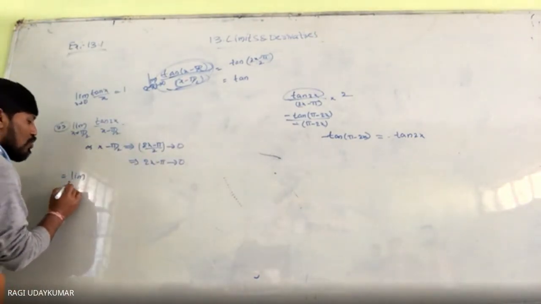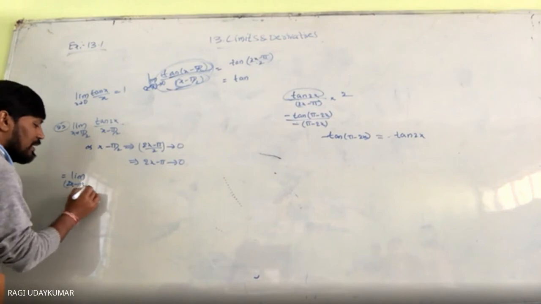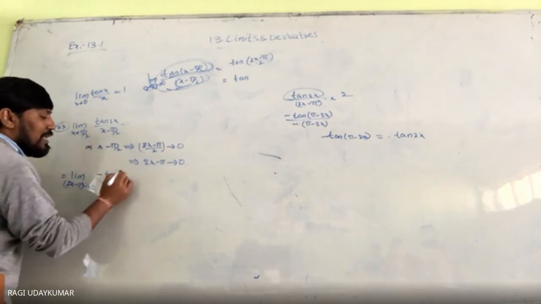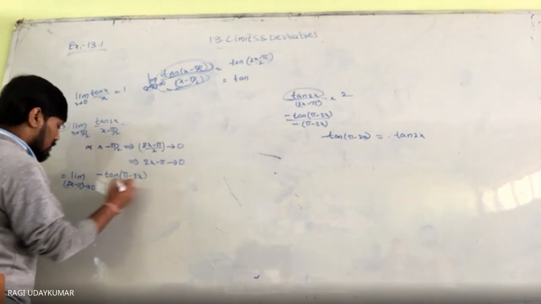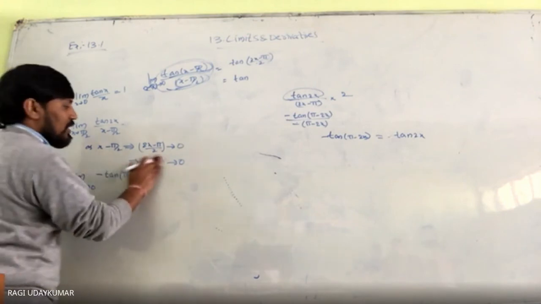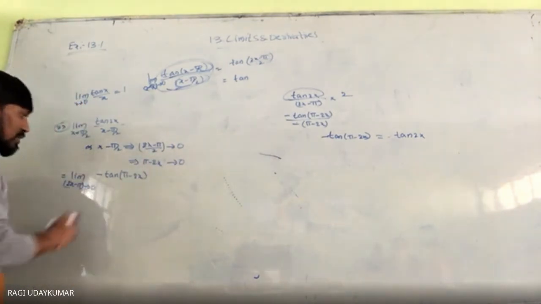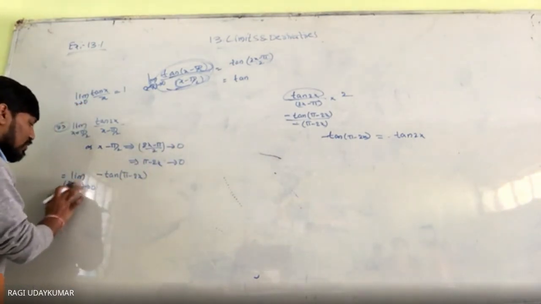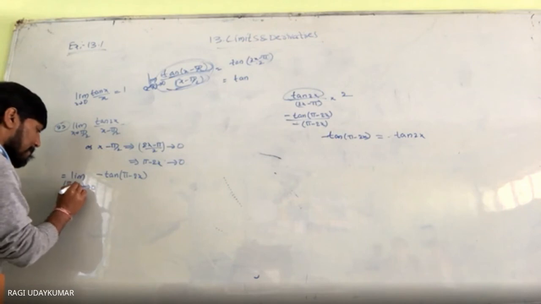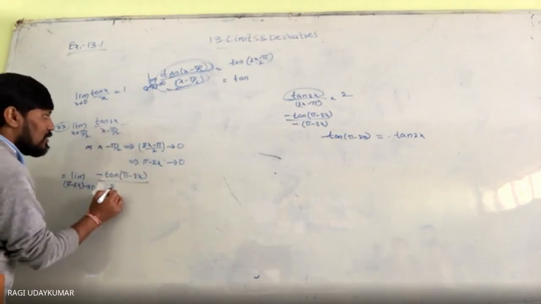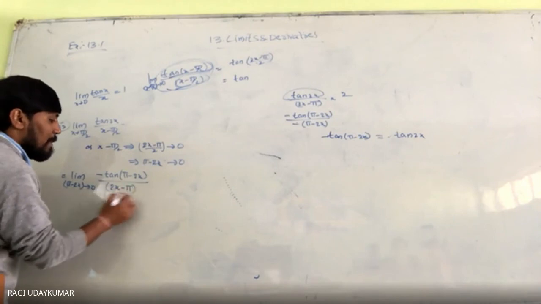Limit as 2x minus pi tends to 0, and tan 2x can be written as minus tan of pi minus 2x, because we are writing pi minus 2x. So here also pi minus 2x, by this can be written as 2x minus pi by 2.